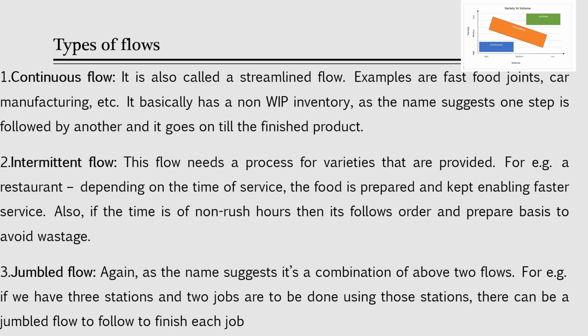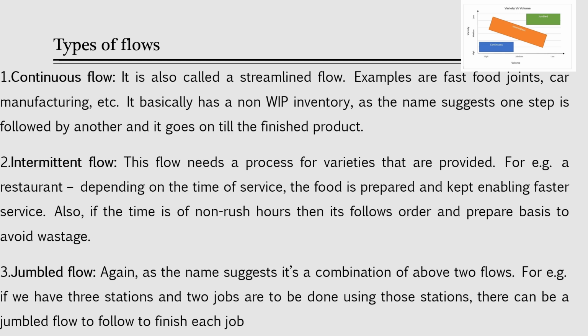Jumble flow. Again, the name suggests it is a combination of the above two flows. For example, if we have 3 stations and 2 jobs are to be done using those stations, there can be a jumble flow to follow to finish each job.